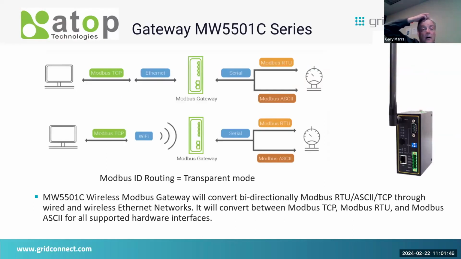ATOP sells a really cool gateway called the 5501. It uses transparent mode. The interesting thing about this gateway is that it can take Modbus TCP data over Ethernet or Wi-Fi and communicate to a serial link to multiple Modbus serial devices via Modbus RTU or Modbus ASCII.